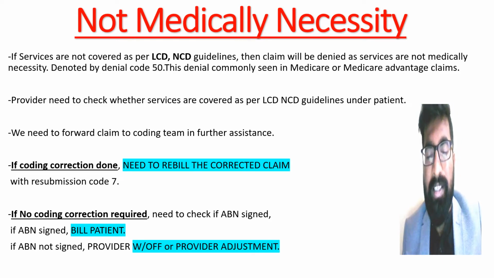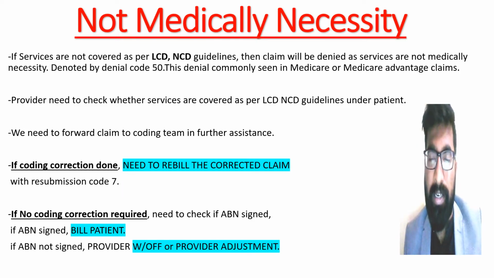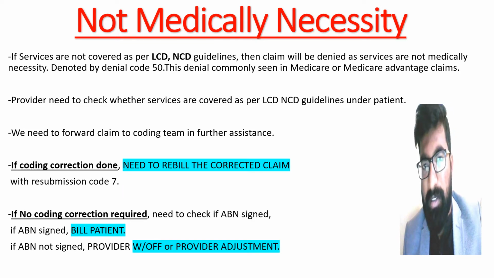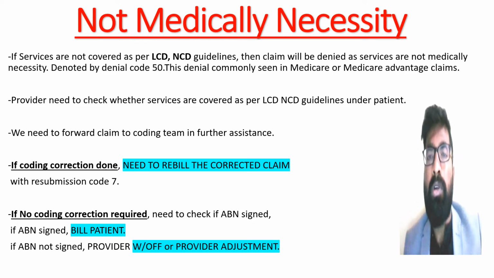In this case, the provider needs to check whether the services are covered as per LCD NCD guidelines for the patient. Generally there is a primary diagnosis code on the billed claim, and the CPT code. Both are in a relationship.